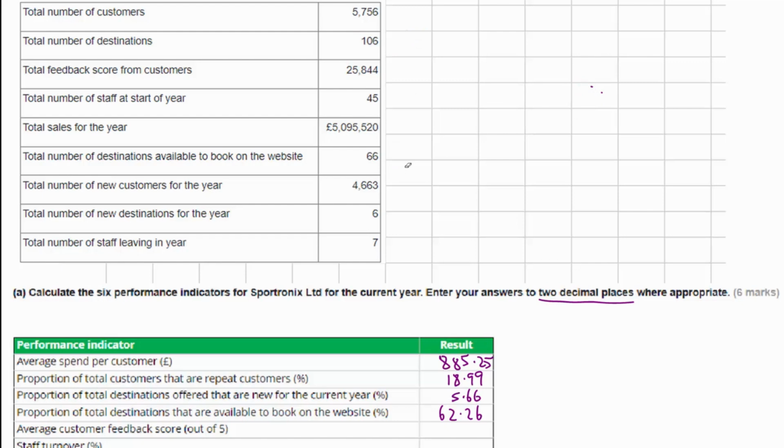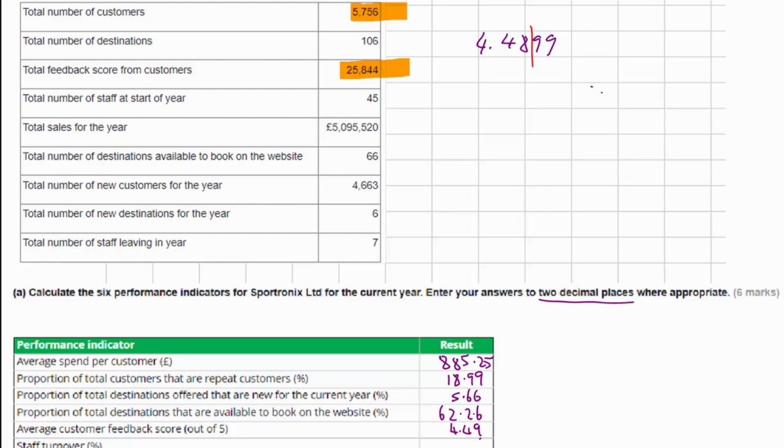Next, the average customer feedback score out of 5. So we're told that the total feedback scores amount to 25,844, and we just want to divide by the number of customers that there are, and that'll give us our mean score, and that gives us an average of 4.4899. Again, we want to round to 2 decimal places, so that's going to be 4.49.